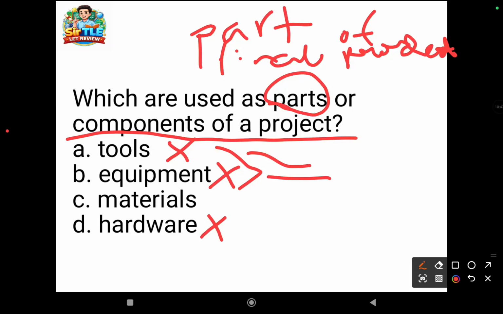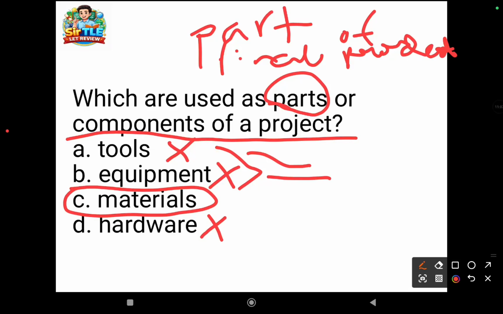The answer for this question is letter C, materials. Materials are consumable items or raw substances that are consumed or incorporated directly into a project to form its finished parts or components.